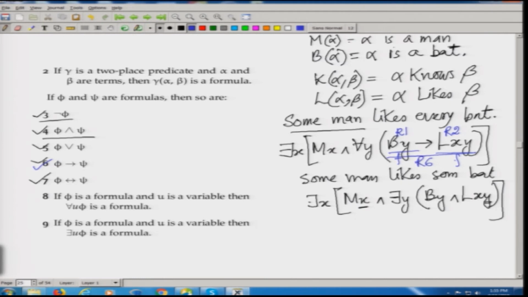And then we use rule number 8 for constructing this. So, we have seen that BY implies LXY is a formula. If it is a formula, then so is all y, because y is a variable.